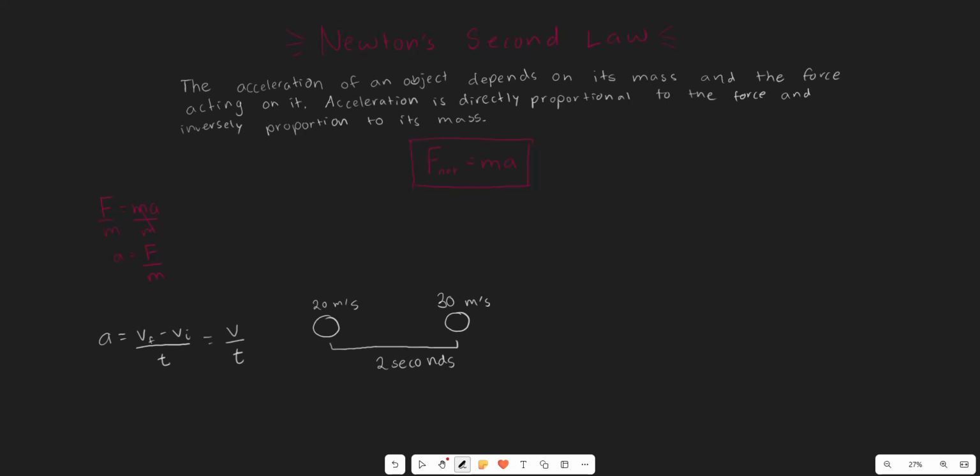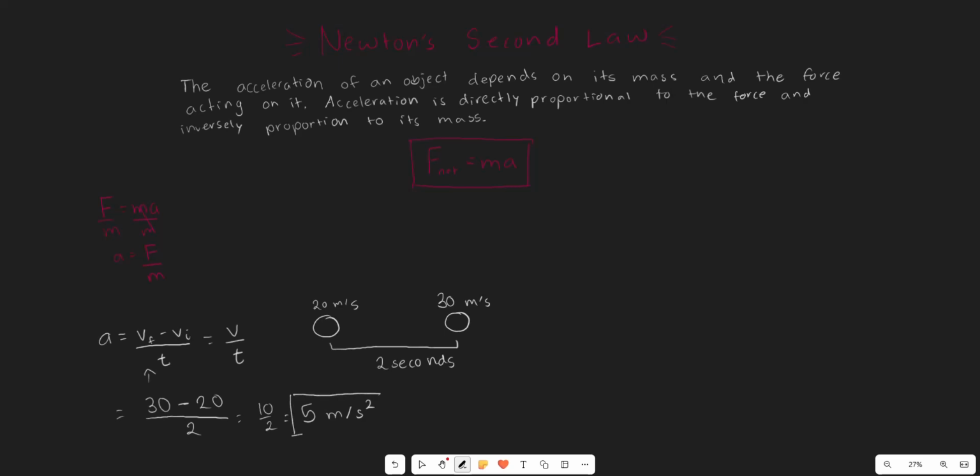What is the acceleration? So we can plug it into our formula over here. V final minus V initial, the final velocity is 30, minus the initial velocity is 20, over the change in time, which is 2. We get 10 over 2, which is equal to 5 meters per second squared.